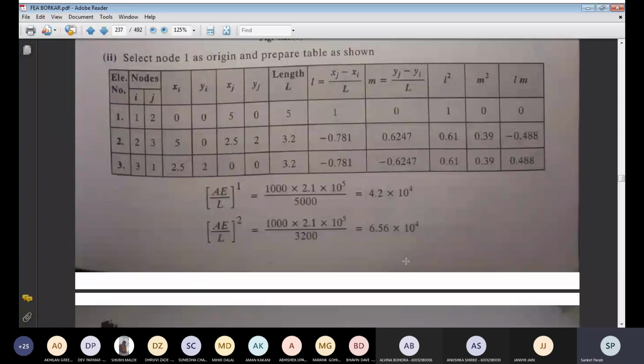Or if you made some mistakes in calculating these values, I want you to look at the table and correct those values. And those who have correctly completed the table, go ahead and find out the element matrix equation.